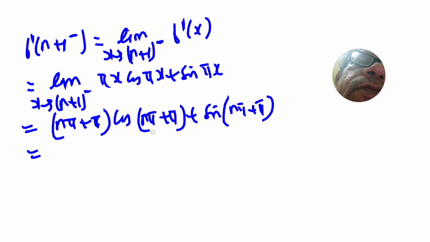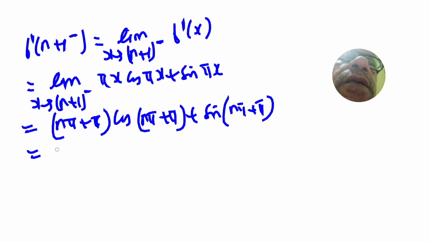suppose you take n as 2, cos n pi plus pi will be cos 2 pi plus pi, so cos 3 pi, which will be minus 1. If you take n equal to 4, cos 5 pi is what? Cos 4 pi plus pi, which is cos pi, again minus 1. So this is going to be minus 1.